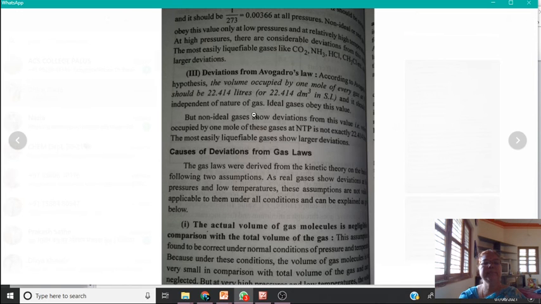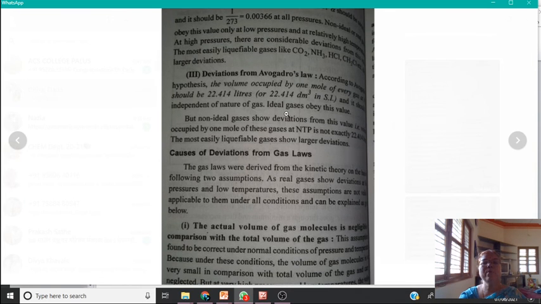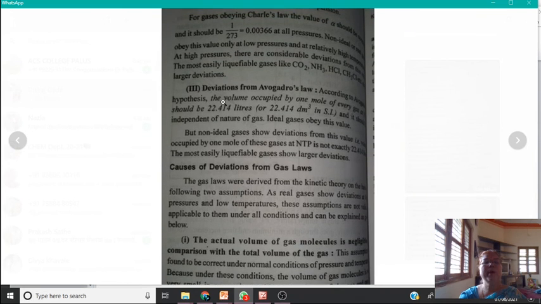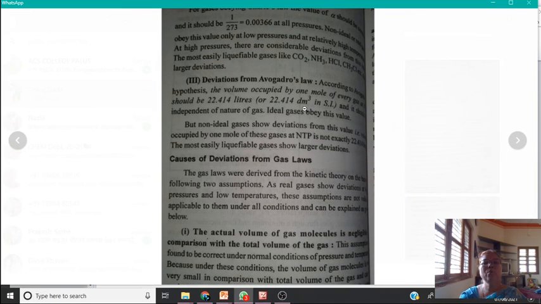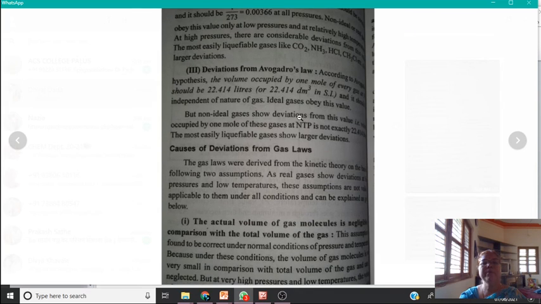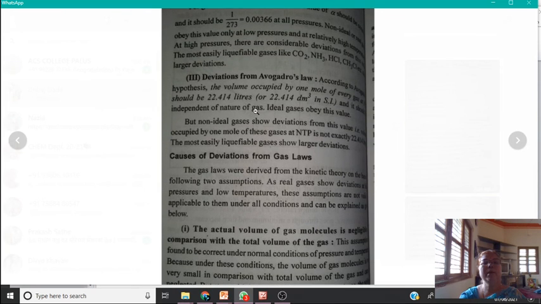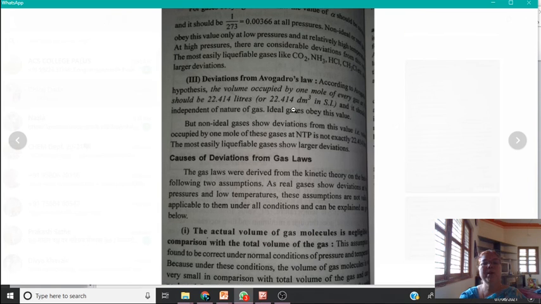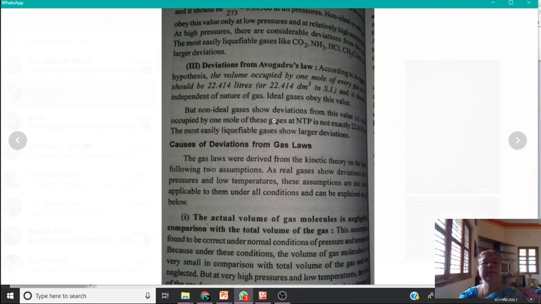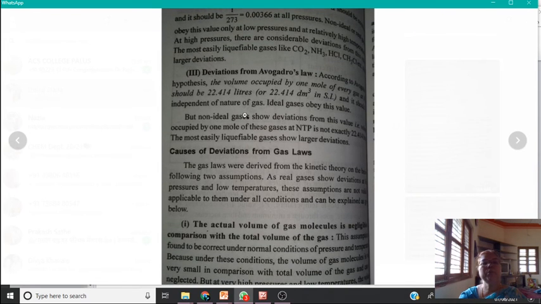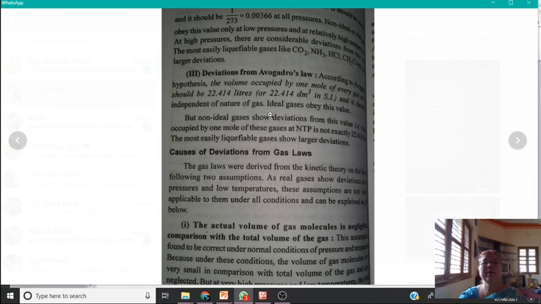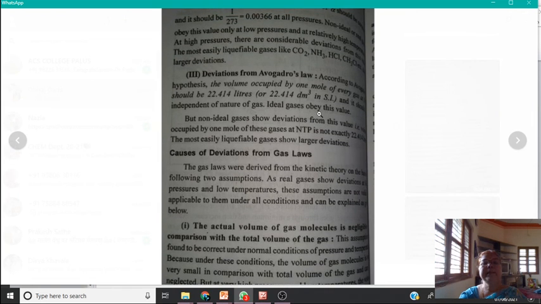Okay, then we will see the deviations from Avogadro's law. According to Avogadro's hypothesis, the volume occupied by 1 mole of every gas should be 22.414 liters or 22.414 decimeter cube in SI unit, independent of the nature of the gas, and ideal gases obey this value.